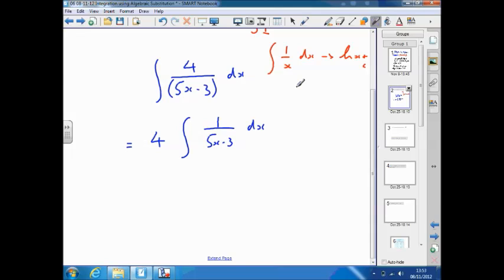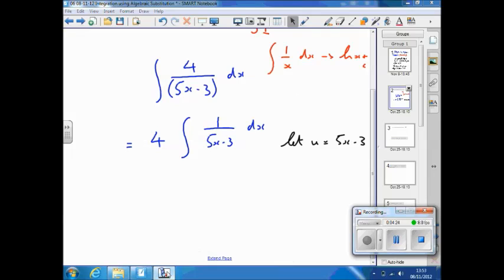Okay, so we let u equal 5x minus 3. If we let u equal 5x minus 3, that means we can write the integral equals 4 times the integral of 1 over u, but still with respect to dx.